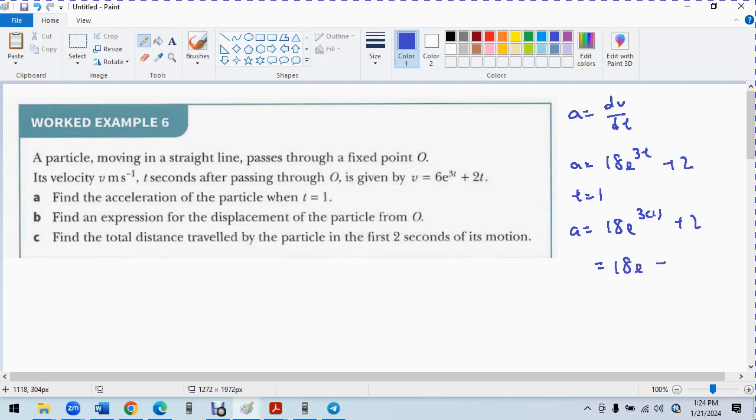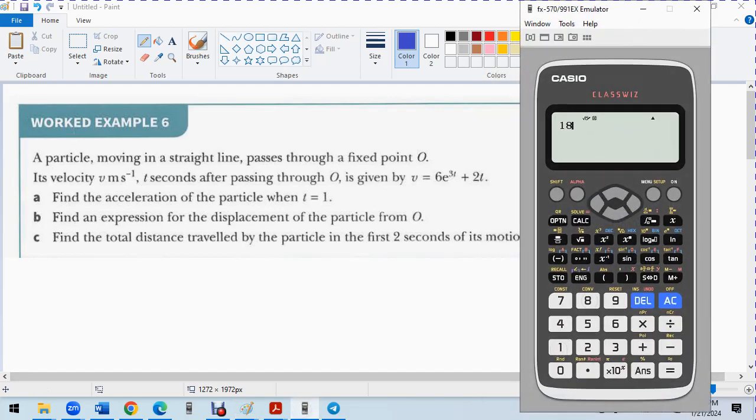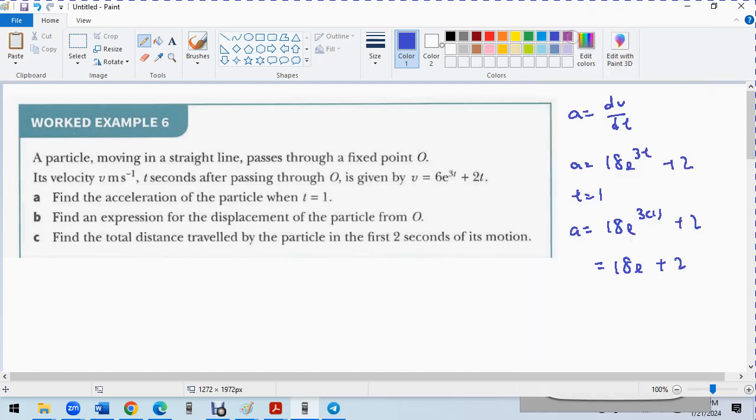So 18e^3 plus 2, around 364 meter per second squared.